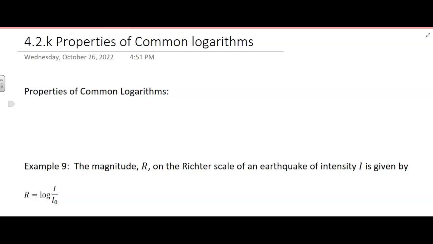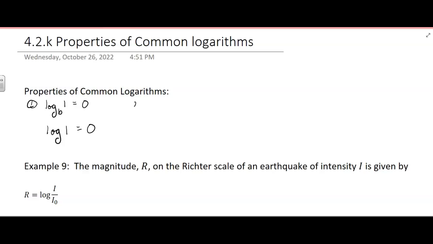So remember we had the property, this is a good time to review. We had the property log base b of 1, and we said that just equals 0. So if I have a common log of 1, that's going to equal 0. The base was just 10, and that's not going to make any difference.